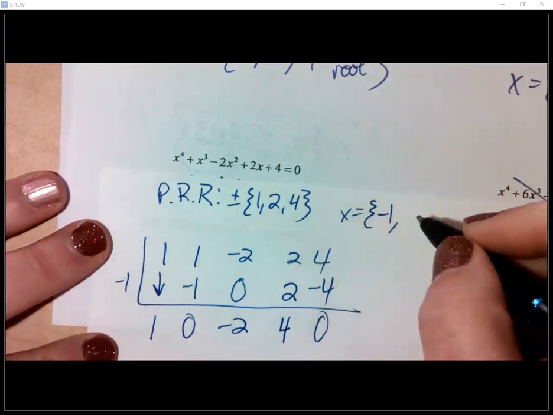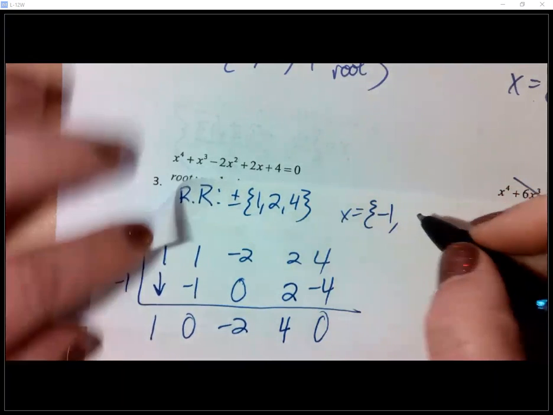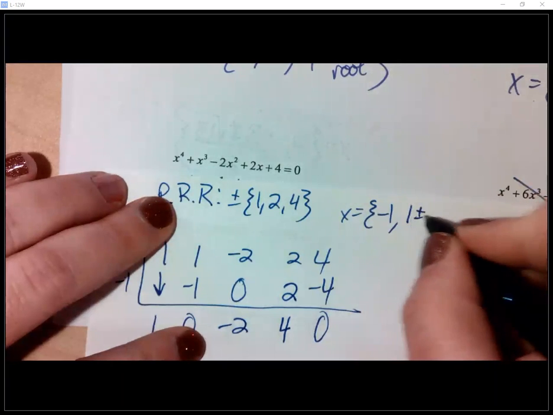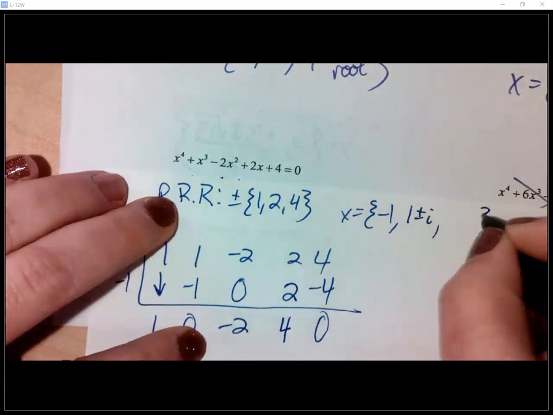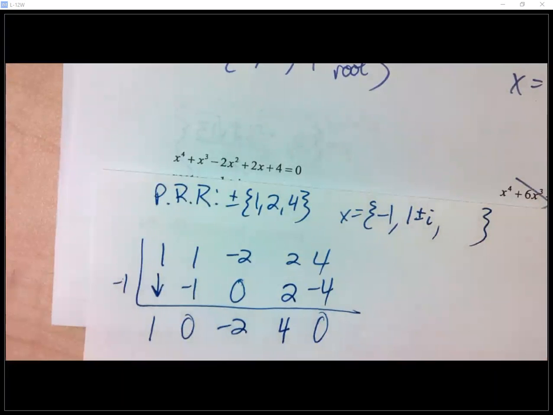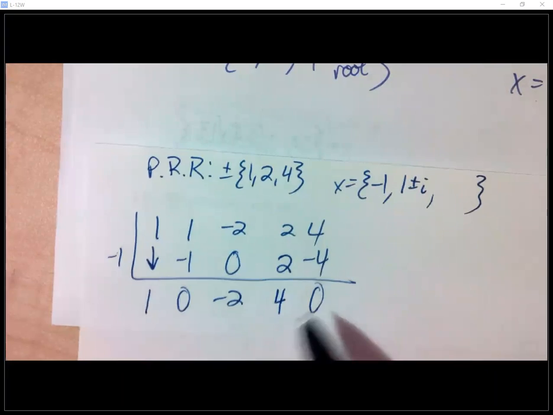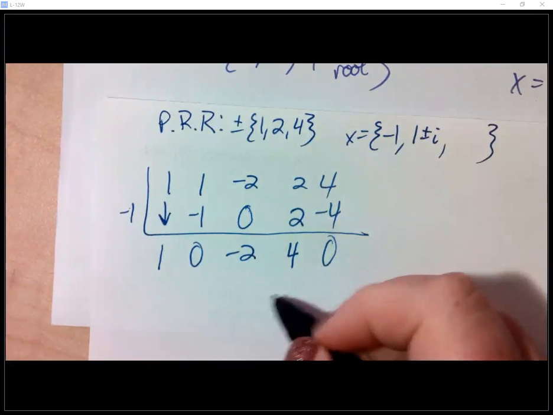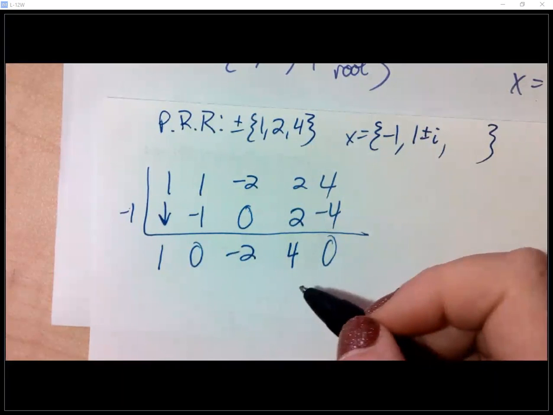Right? Don't forget, I already had 2 more of them. I already have 1 plus i and 1 minus i. So there's only 1 more left to find. But what is it? Well, now I'm here. Let's see if I could do any kind of cool factoring with this thing.